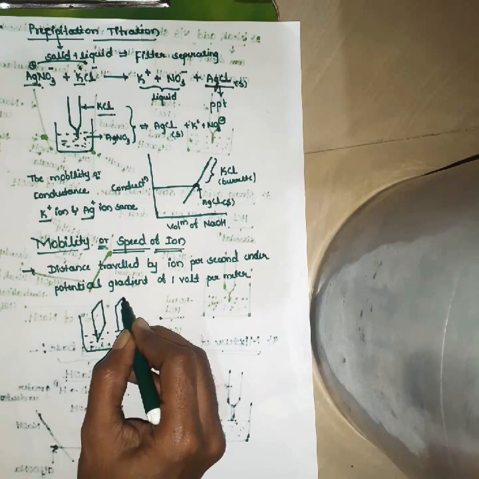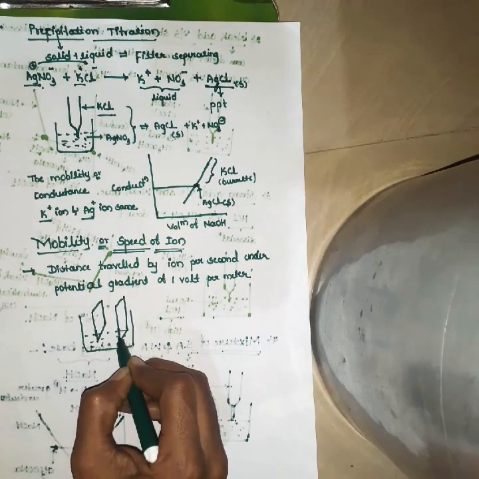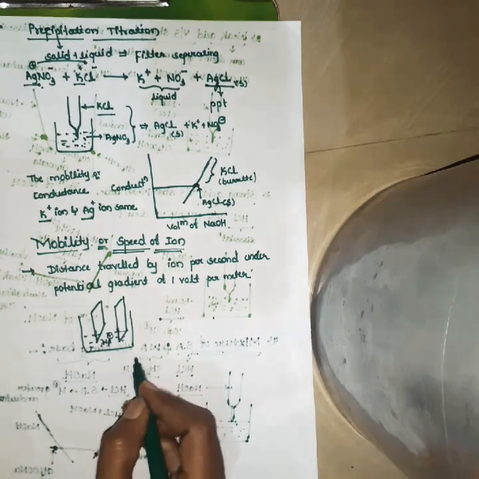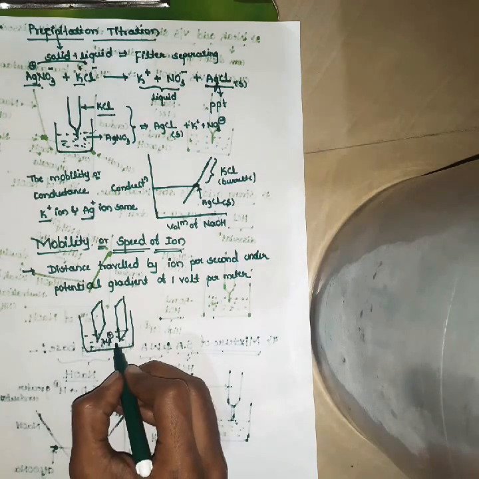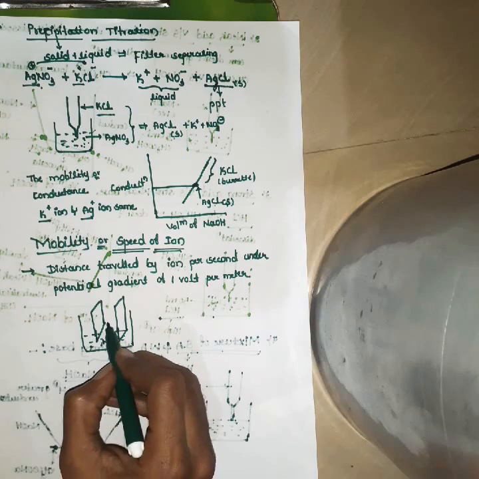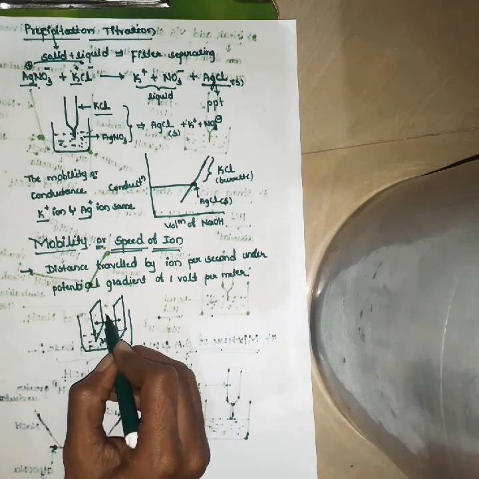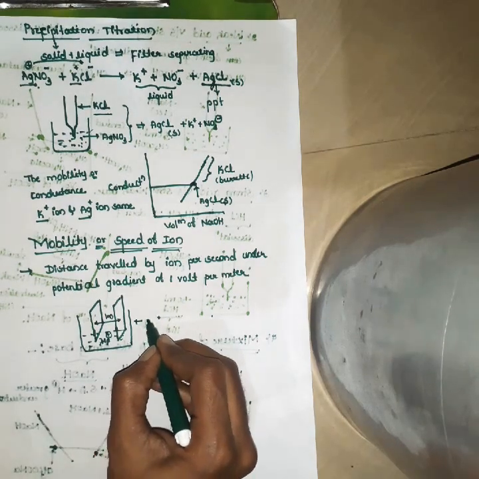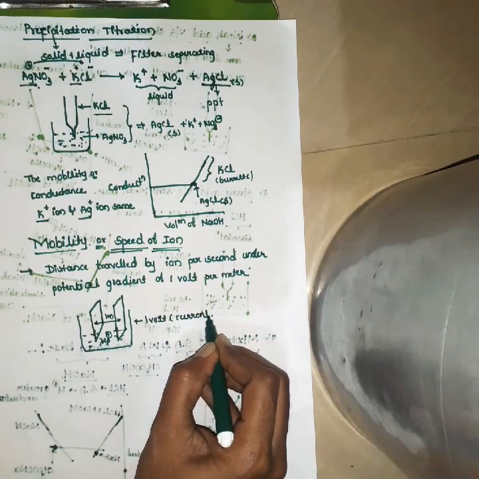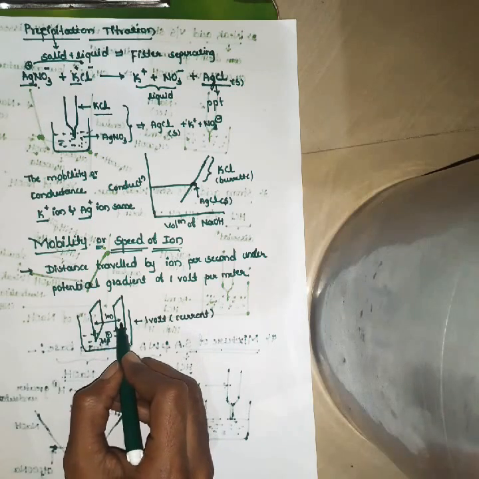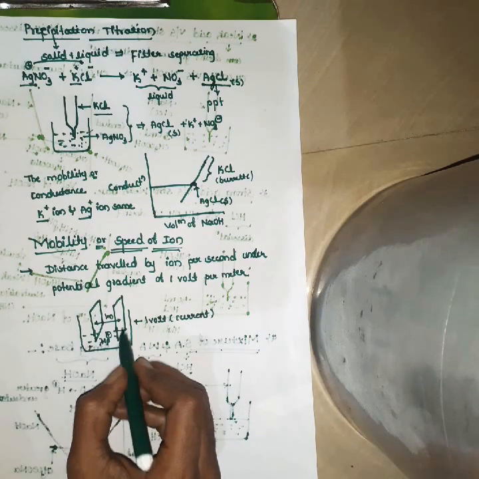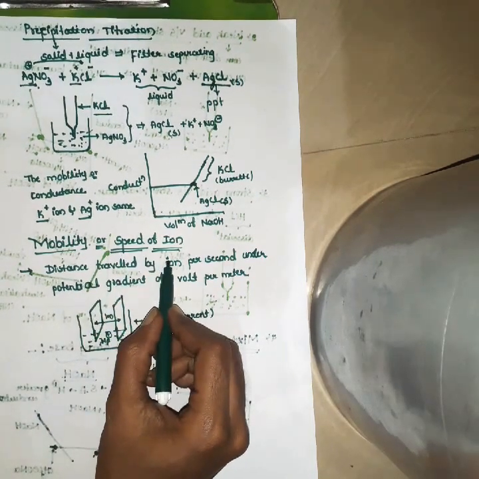Consider an ion, say Na+ ion. How much distance will this ion travel in 1 second, with 1 meter between the electrodes while applying 1 volt of potential? While applying 1 volt, the distance between two electrodes is 1 meter, and the speed of this ion in 1 second is called the mobility of the ion, or speed of the ion.